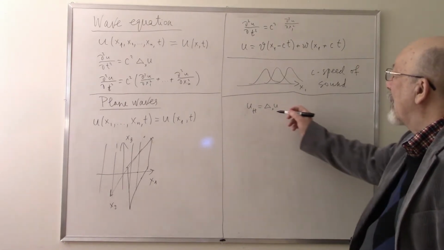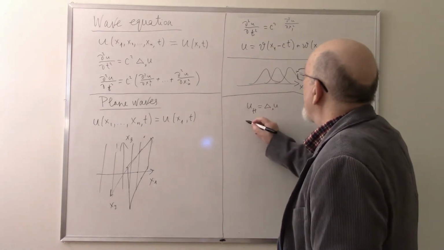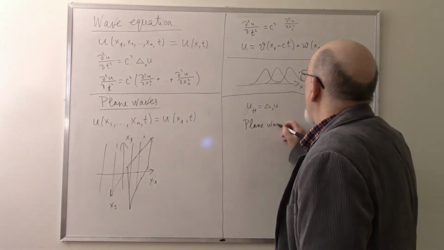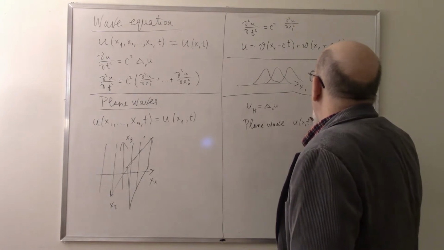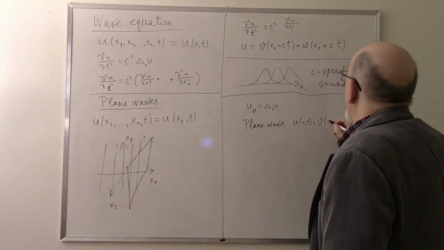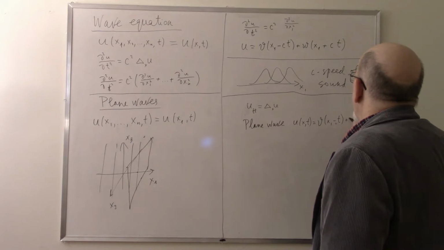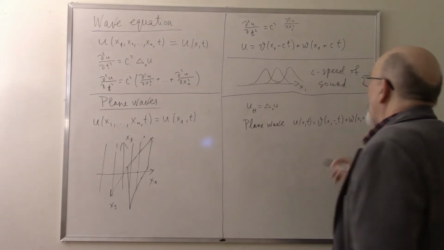Okay, let us go. So if c equals 1, you have a plane wave. U of x, t equals v of x1 minus t plus w of x1 plus t.